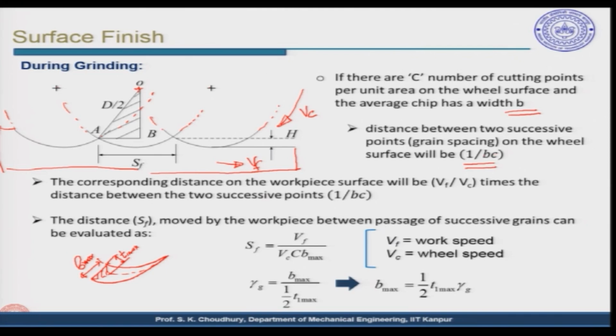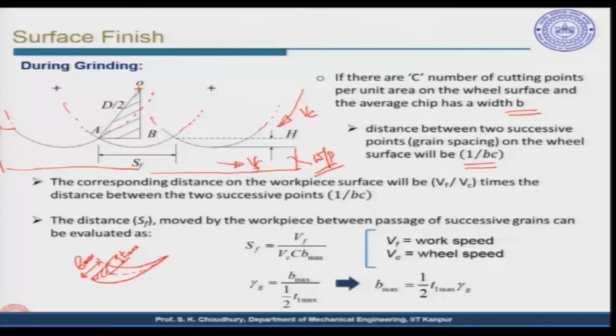The same distance when translated on the workpiece will be equal to Vf upon Vc times that, because on the workpiece it depends on the ratio of the feed velocity and the cutting velocity, due to which it is moving on the workpiece.